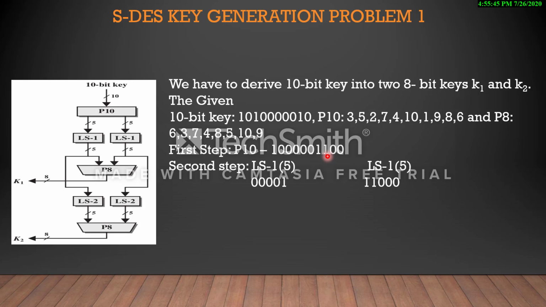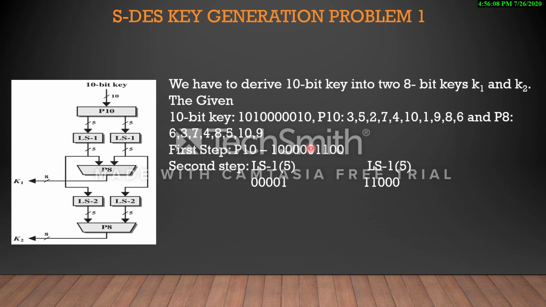In the second step, taking the output from permutation 10, we are going to divide it into two halves, the first half and the second half. What is the first half? The first half is this, up to here. Now we are going to do the left shift 1.